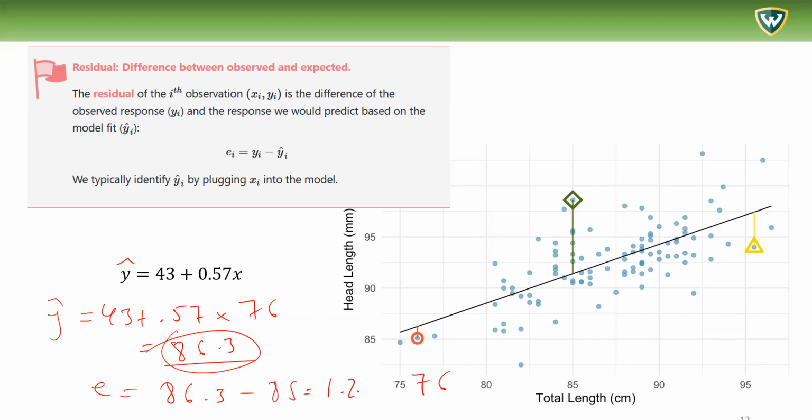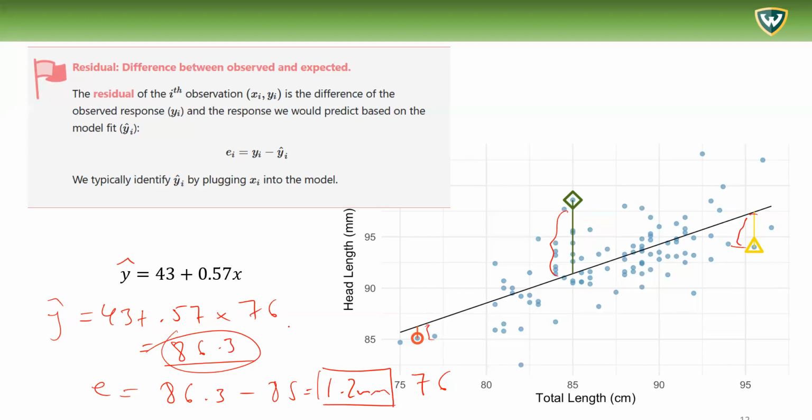So 1.2 millimeters is the residual for this specific point, for this specific observation. And you can say, okay, that's small, that's big. It definitely seems smaller than some other ones here, right? This distance is bigger than this distance, and this distance over here is bigger than this distance, and so on.